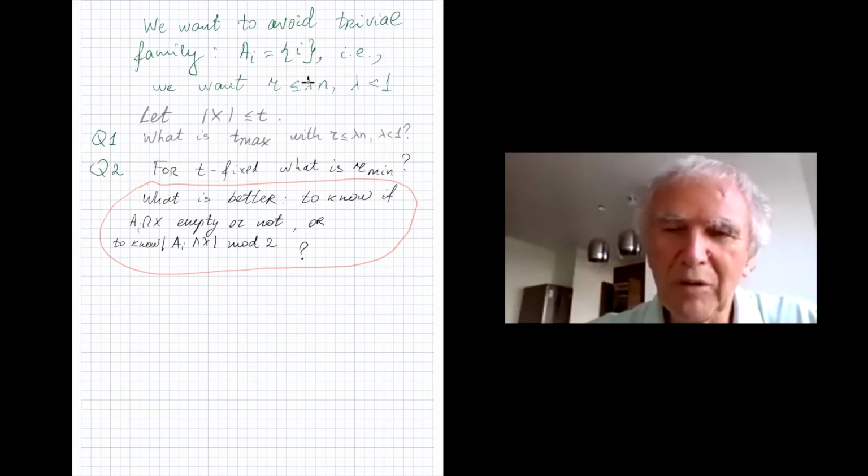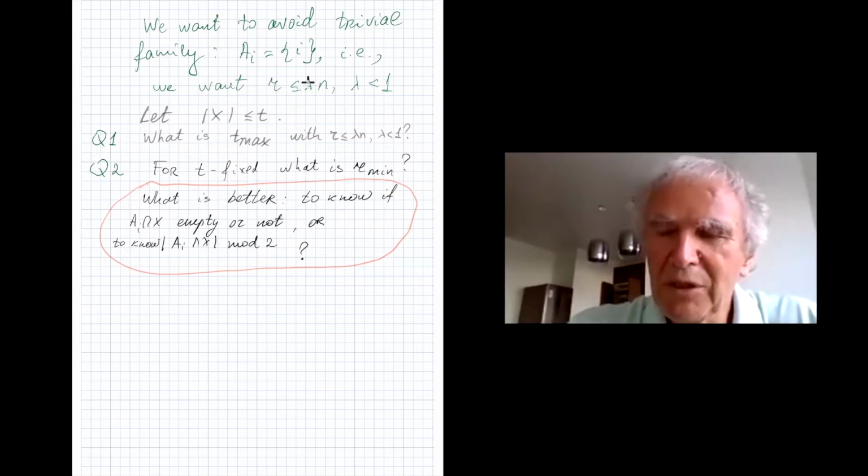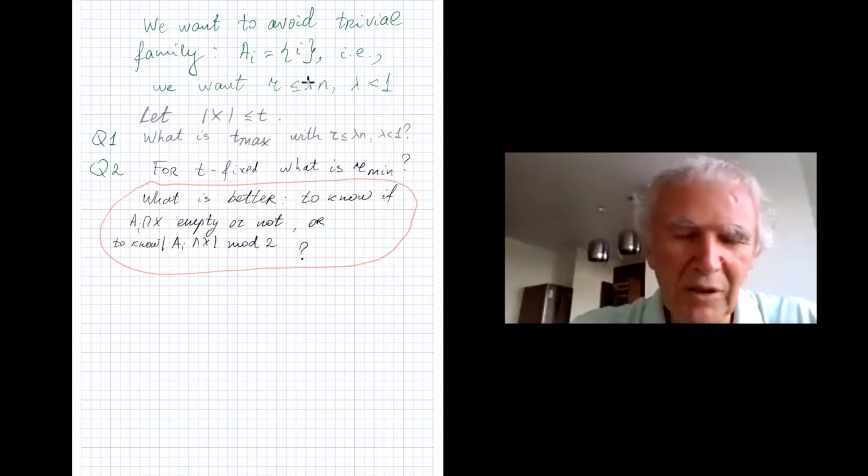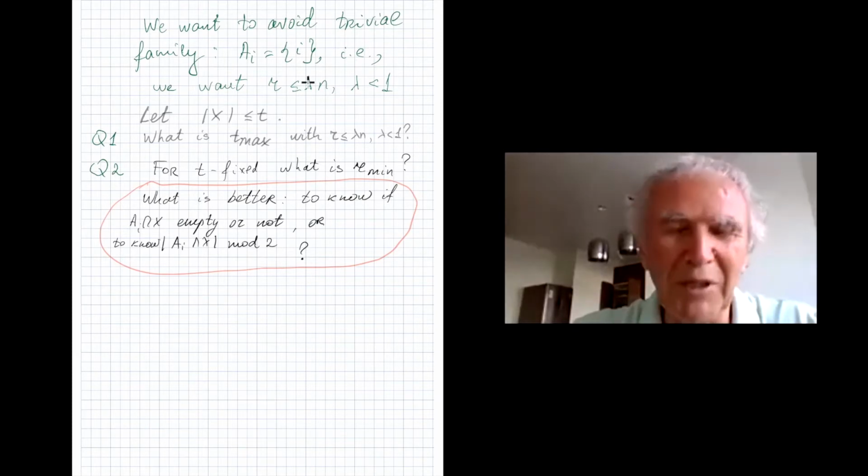My question was: what is better, if the player will tell us whether the intersection is empty or not, or he will tell us something strange, the cardinality of the intersection, whether it's an odd or even number. So let me repeat the question this way. What is better?